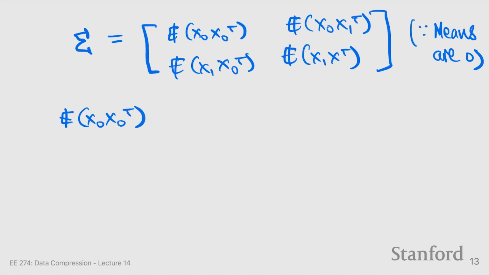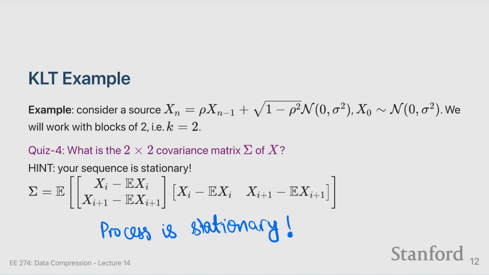So first, very quick step is we are calculating the covariance matrix. In this case, we know that means are 0. So let's make our life simpler. Let's not worry about these expected values. All of them are 0. We just worked out the distribution, right? And we know that the process is stationary.